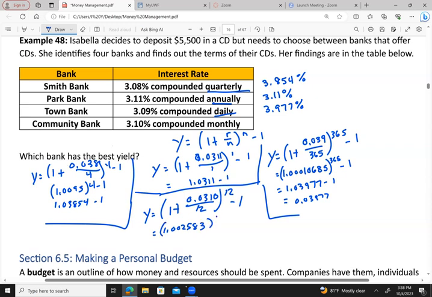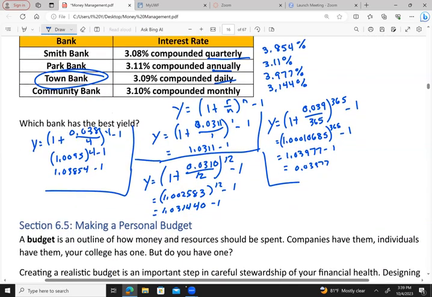I'm going to take that to the 12th power and subtract 1 from it. I get 1.03144, and it's a 0, minus 1, which is 3.144%. So it looks like Town Bank is the better deal. So that finishes up section 6.4.